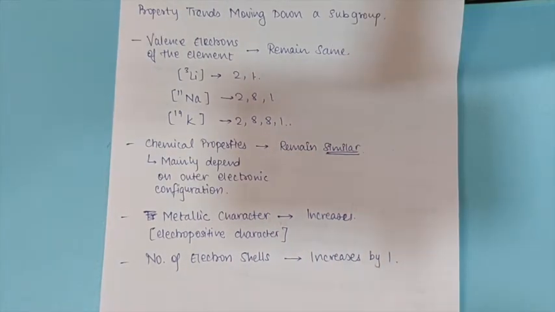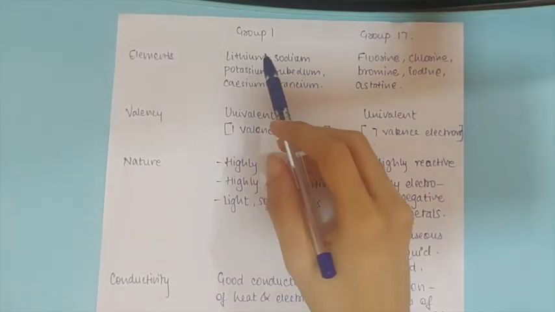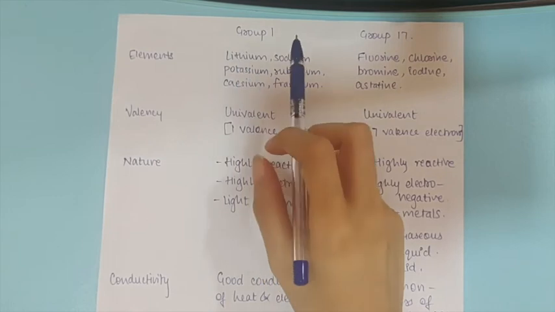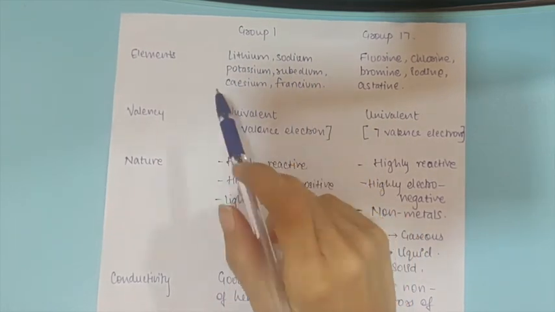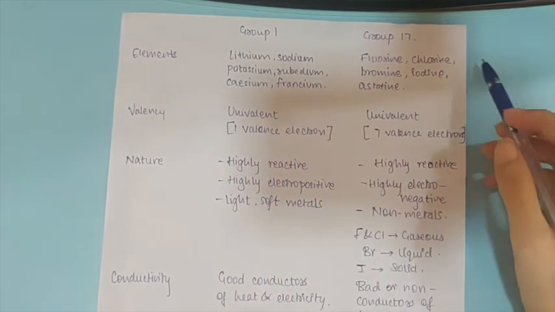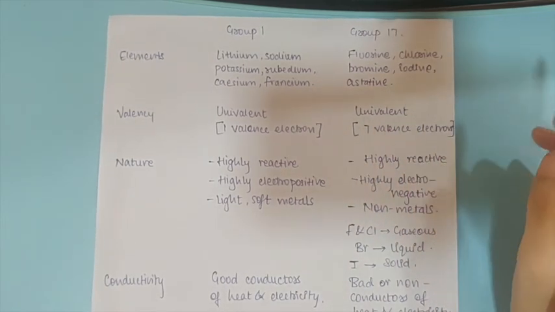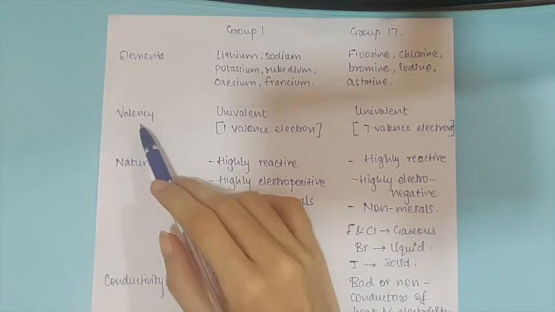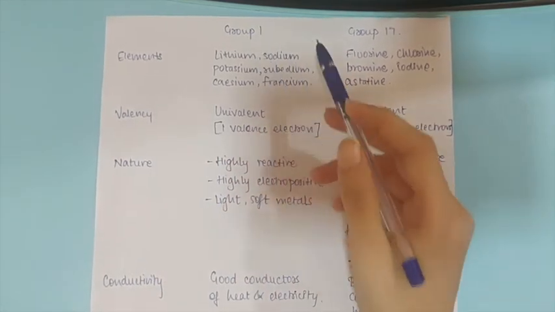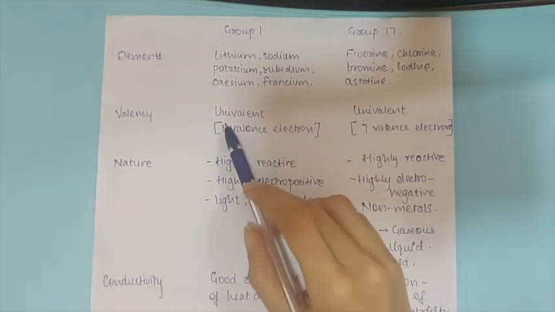Now we are going to see an interesting difference between the alkali metals in group 1 and the halogens of group 17. So in group 1 we have elements such as lithium, sodium, potassium, rubidium, cesium, francium. And in group 17 we have fluorine, chlorine, bromine, iodine and astatine. The valency of group 1 elements is 1.